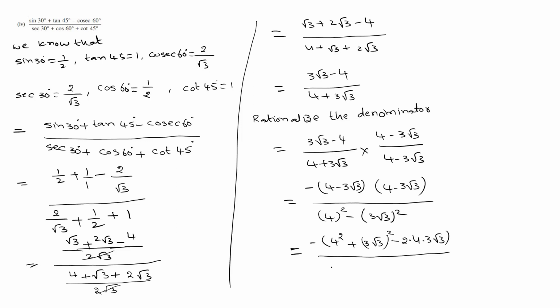So 4 square is 16 minus (3 root 3) whole square. 3 square is 9 into (root 3) whole square, which is 3. So we get minus of (16 plus 9 into 3 minus 2 into 4 into 3 root 3, that is 8 threes are 24 root 3), whole divided by 16 minus 27.